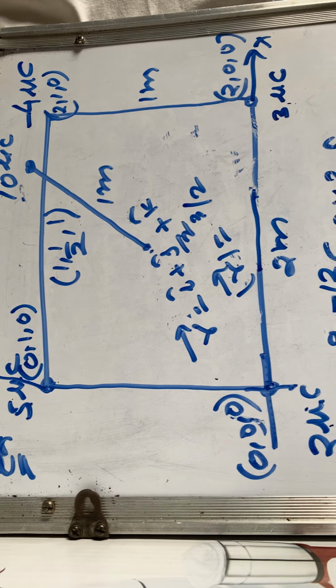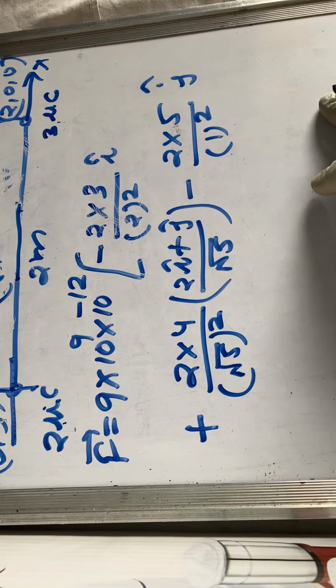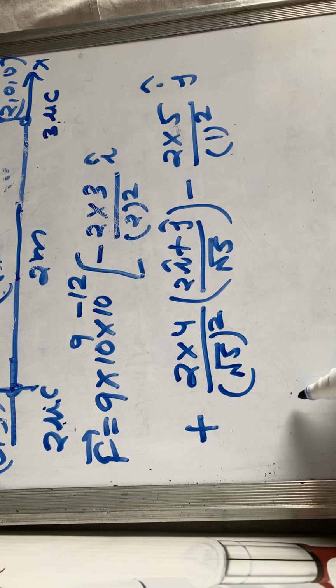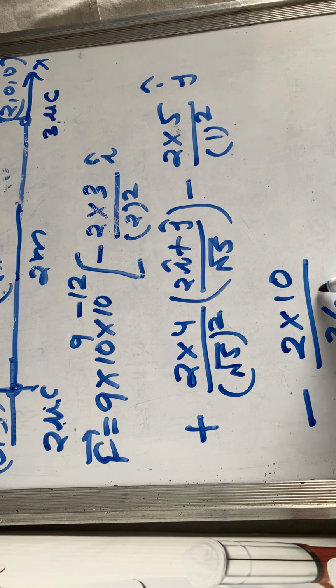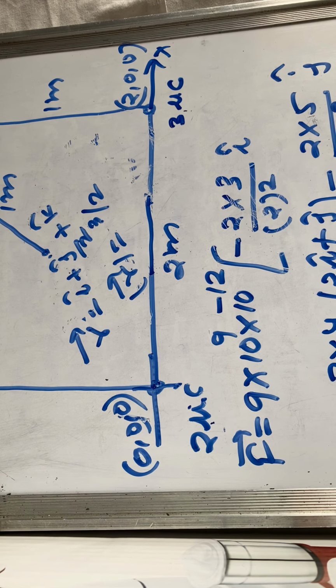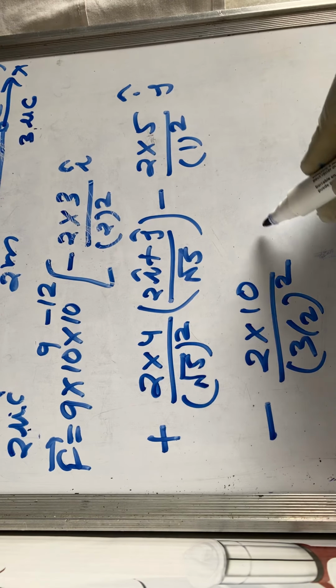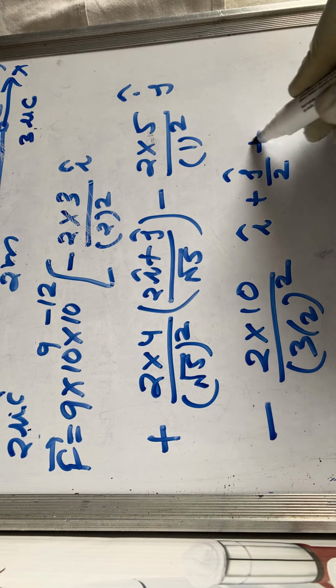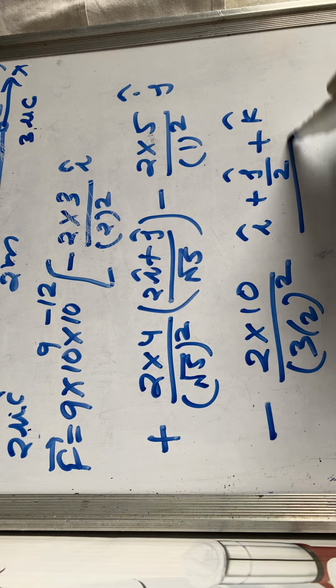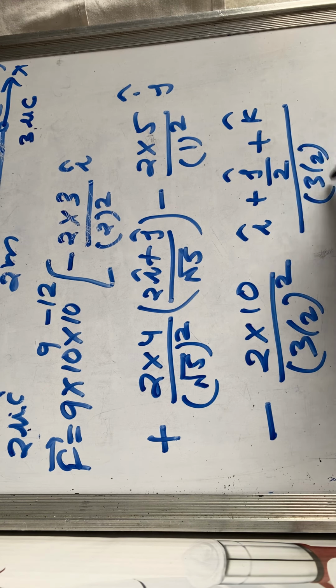Okay, and so the force between the 2 and 10 microcoulomb charges is repulsive, that's why a negative sign. It's 2 into 10 upon the distance square, 3 by 2 square. And now I'm writing the unit vector. The unit vector for this would be I cap plus j by 2 cap plus k cap upon 3 by 2.